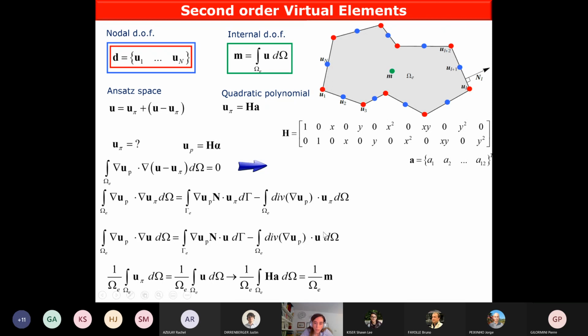These integrals, I will not go into details, but the integrals involved in these equations can be solved resorting to Gauss-Lobatto quadrature rules along the edges.